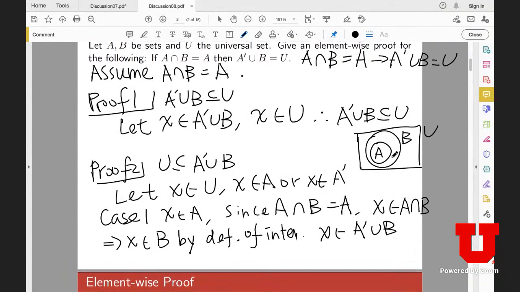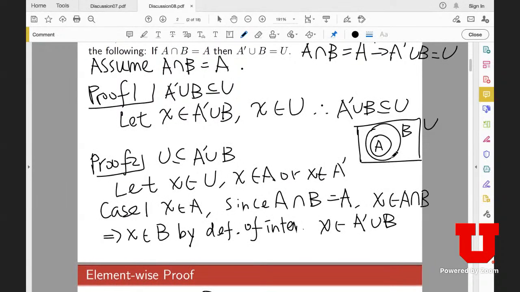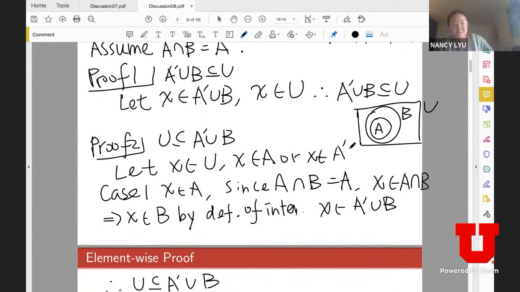Can you explain how you chose your subcases for proof 2 to be A and A complement? Yeah.